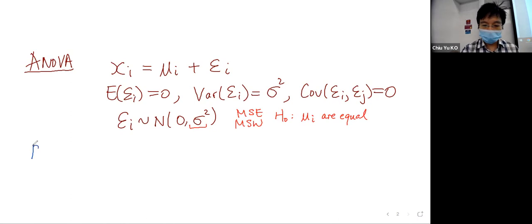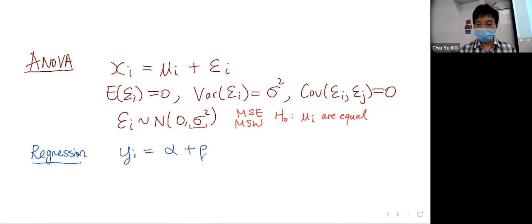So now we have regression, okay? That actually is the same model, but what we have now is that instead of explaining X, we explain Y. The model will be like this: alpha plus beta xi plus epsilon.